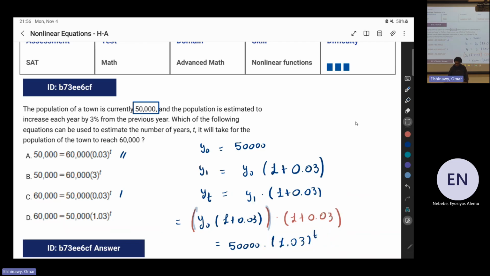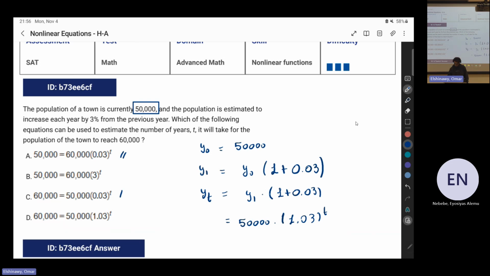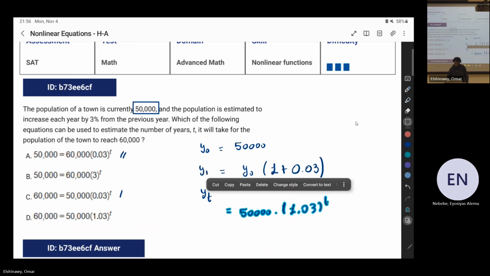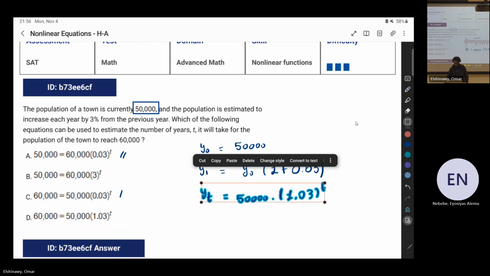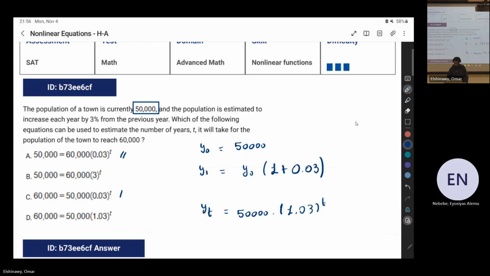I'll erase this because it's a bit misleading. But what do we want to have after t years? Is my question to you.